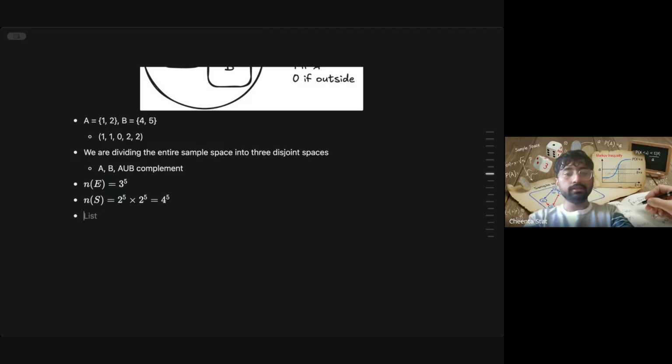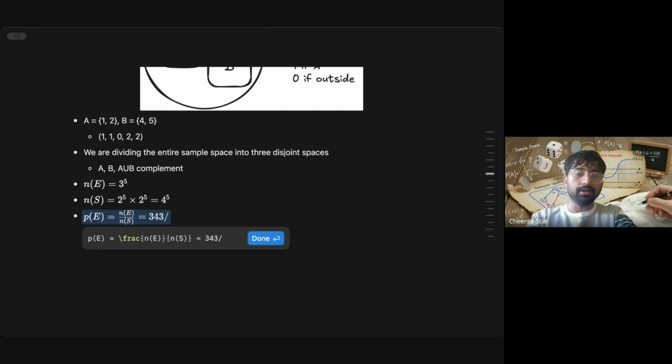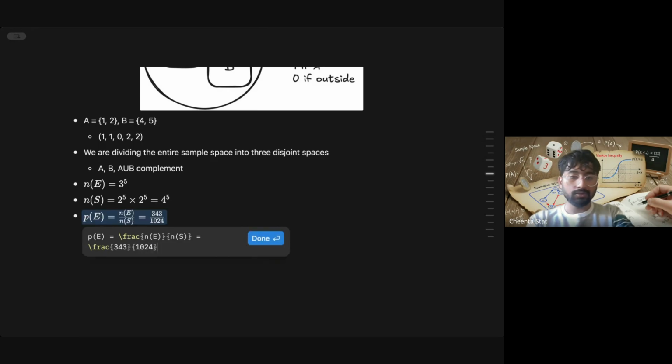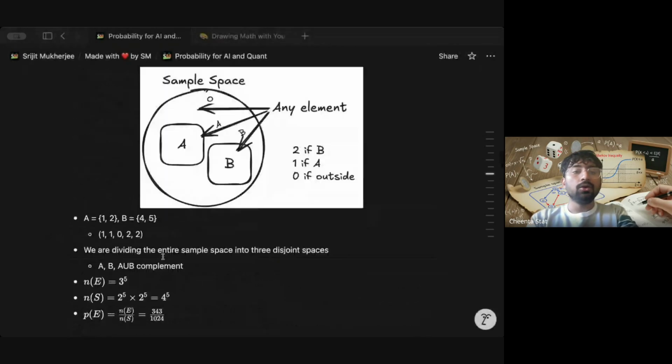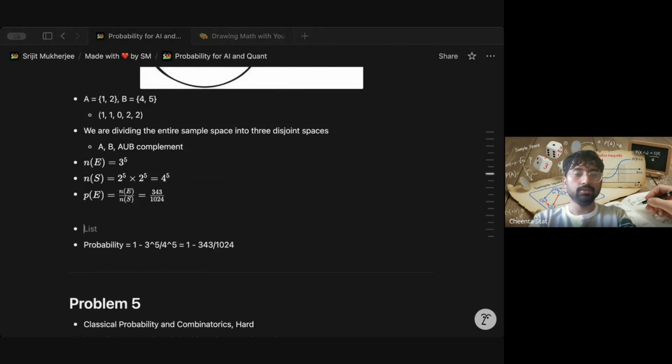So the probability of E is nothing but 243 divided by 1024. But we are required to find the probability of not disjoint, so it will be 1 minus this. So this is the probability.